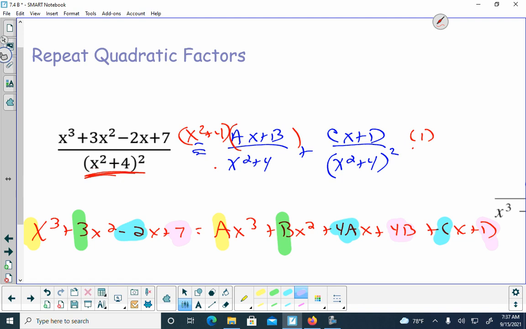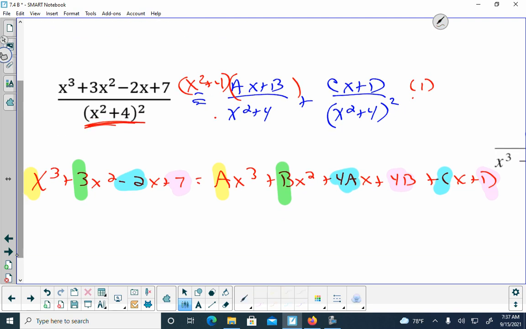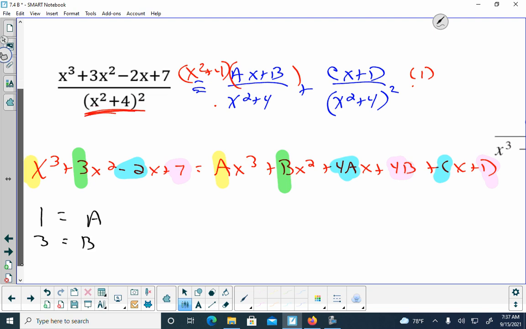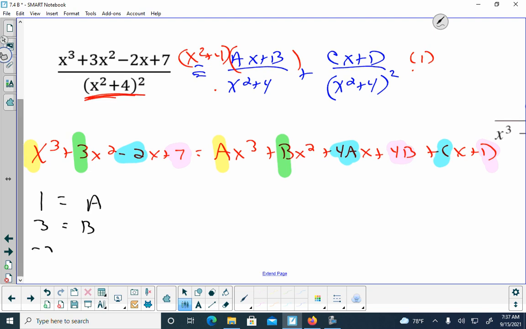So when I write my equations, I'm going to have 1 is equal to A. I'm going to have 3 is equal to B. I'm going to have negative 2 is equal to 4A plus C. And I'm going to have 7 is equal to 4B plus D.